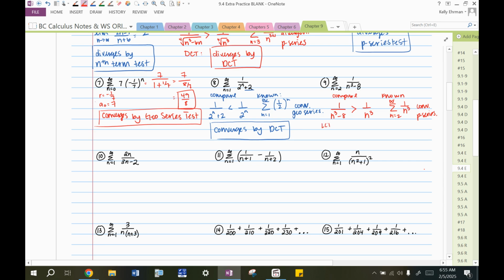So I need to do LCT. So the limit as n approaches infinity of my unknown over my known, or multiplied by the reciprocal of my known, again, comes out to 1. Because I got a number between 0 and infinity, I can say that this series acts the same as the P series, so it also converges by LCT.